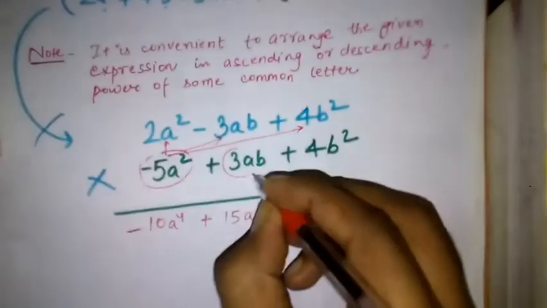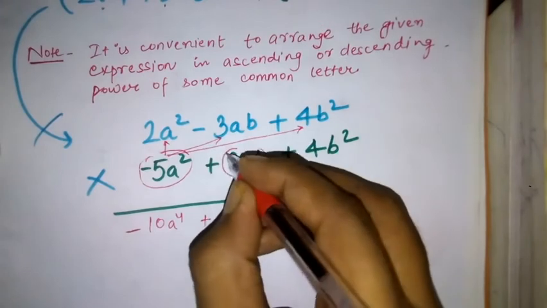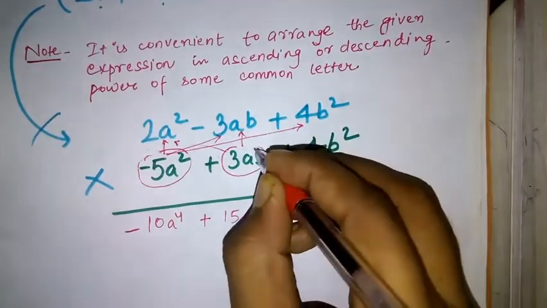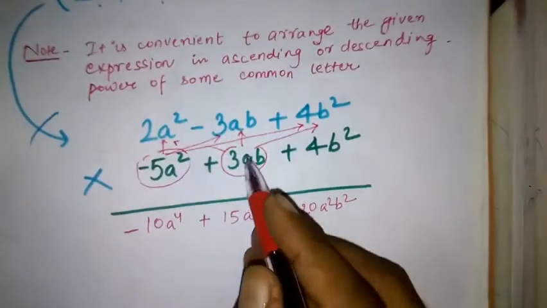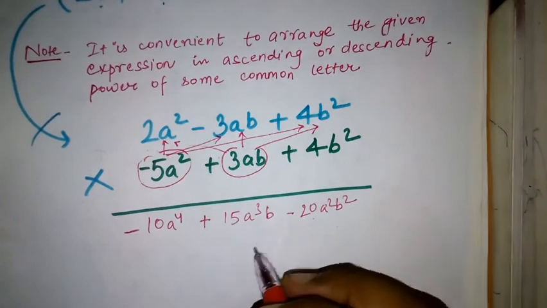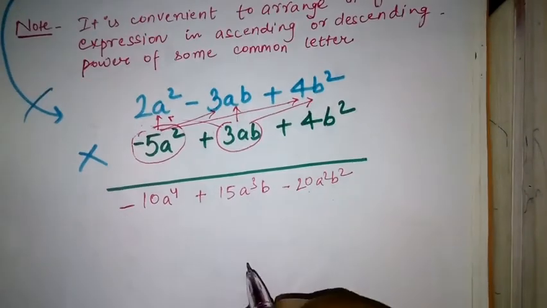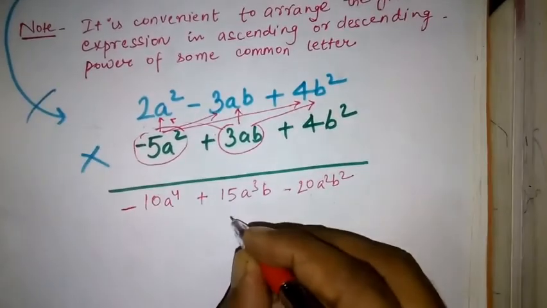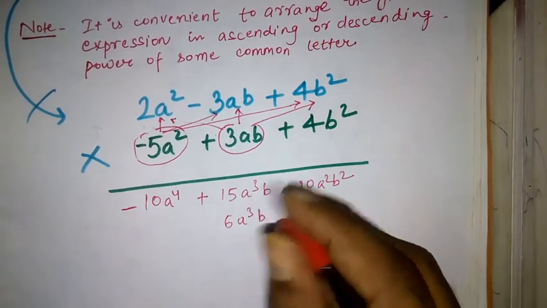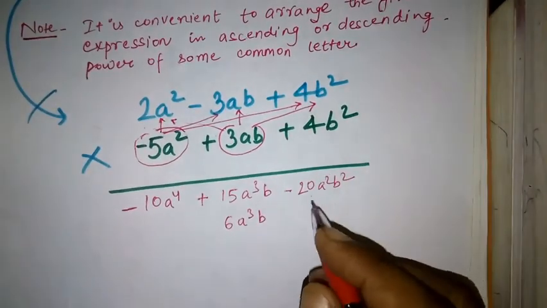Then we will take the next term, 3ab, and multiply it with each term. 3ab into 2a square is 6a cube b, and we will write this under the a cube b term so that like terms are in the same column.